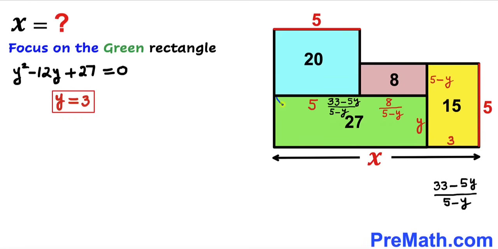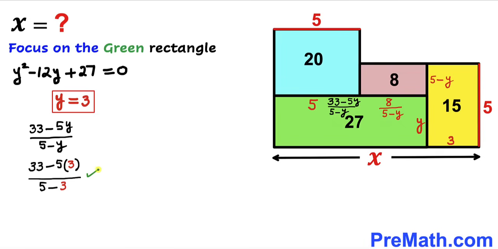And we know this side length of this green rectangle is (33 minus 5y) divided by (5 minus y). And here I have copied it down, and wherever I see y, I'm going to replace that by 3 across the board. As you can see in this next step, I have substituted y as 3 over here.